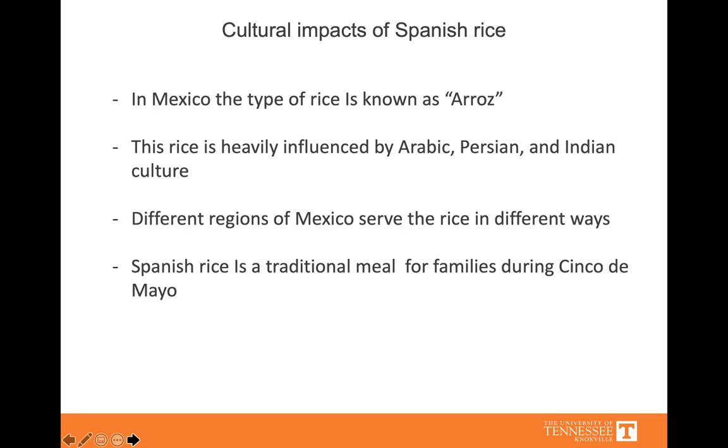The different regions of Mexico serve this rice in different ways. Northern is how we prepared this dish today, which includes the tomato paste and the chicken broth. And Spanish rice is a very traditional meal for families celebrating Cinco de Mayo.